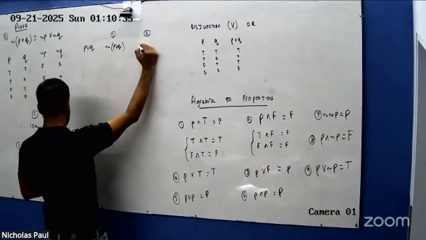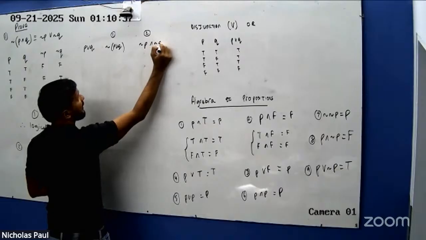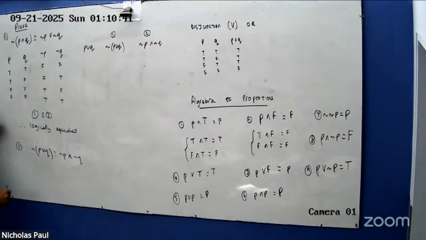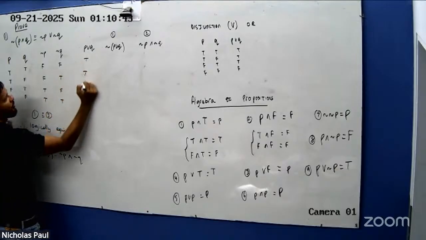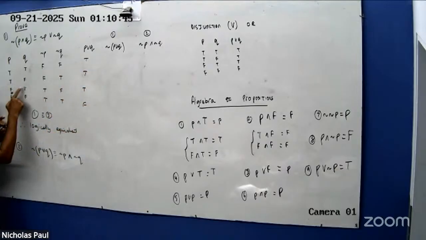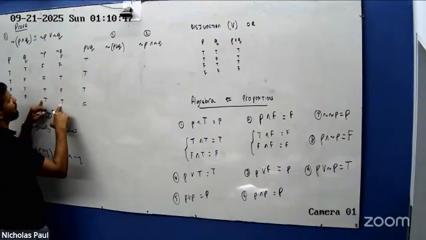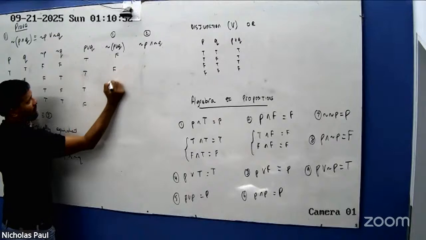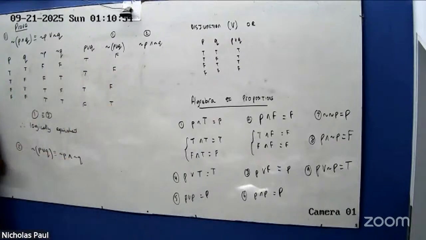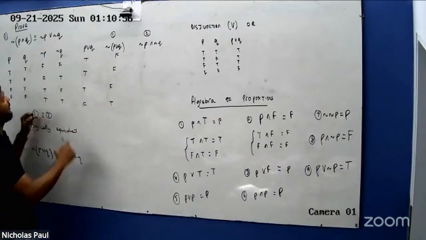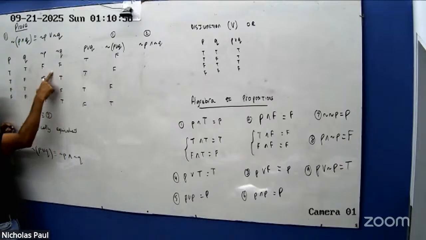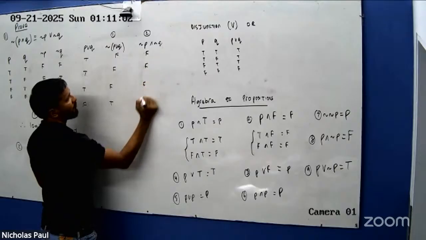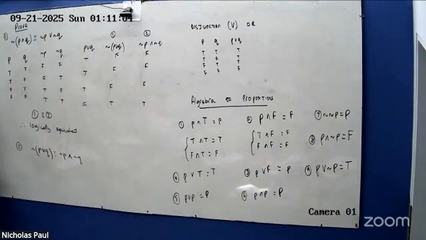And then we need to negate P and the negation of P. So this is true, true, true, false. This is negated. And then these two we're ANDing, right? So false, false, false, true. Are they logically equivalent? Yes.